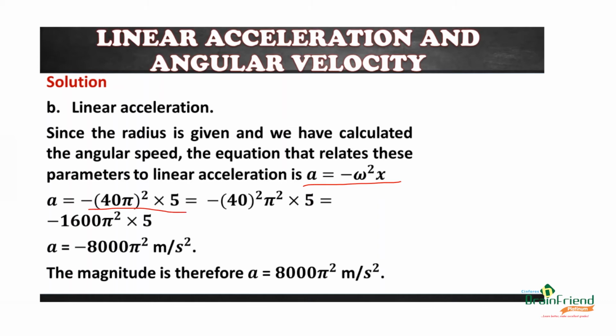This is the same thing as minus 40 squared pi squared times 5. 40 squared gives us 1600. Therefore, we have minus 1600 pi squared times 5. This gives us minus 8000 pi squared meters per second squared. And the magnitude will be 8000 pi squared meters per second squared.